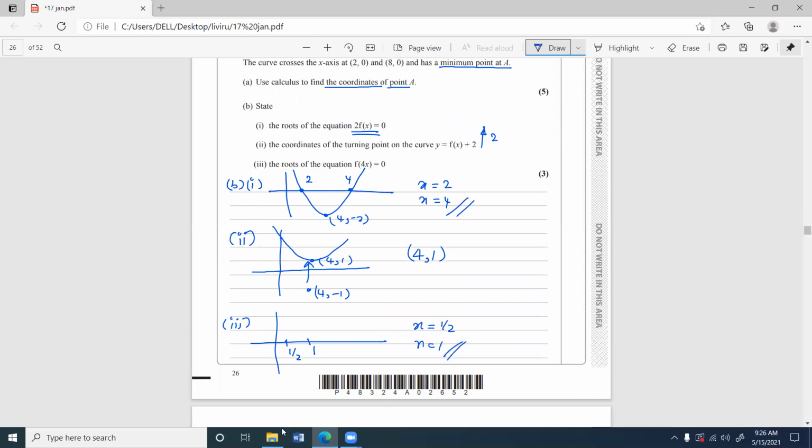The reason, again, is that f(4x) means all x coordinates are divided by 4, so 2 and 4 become half and 1. That's the way of getting this answer.